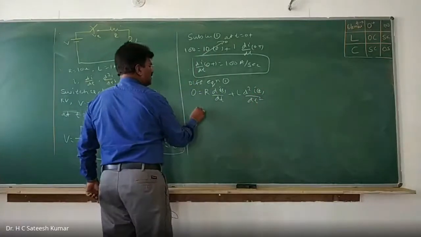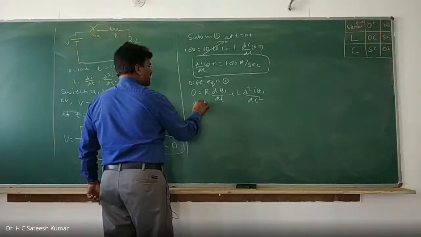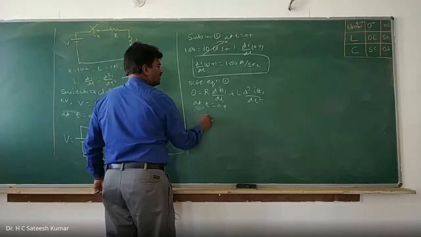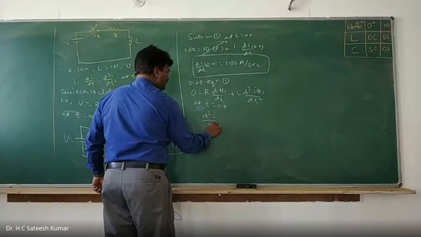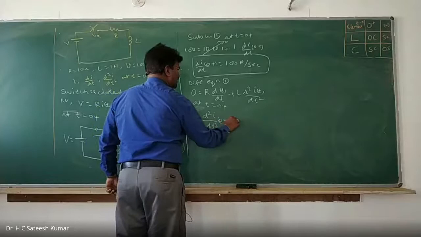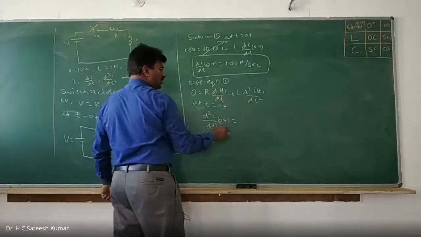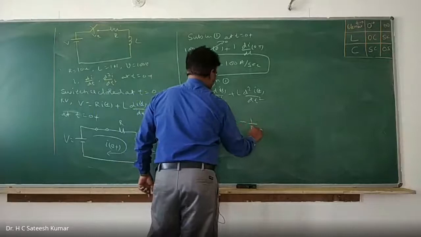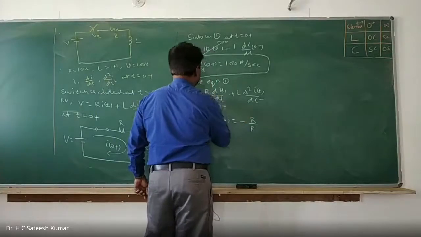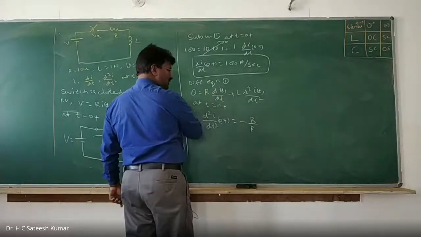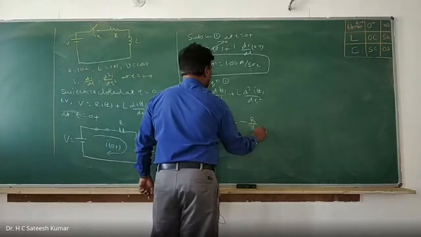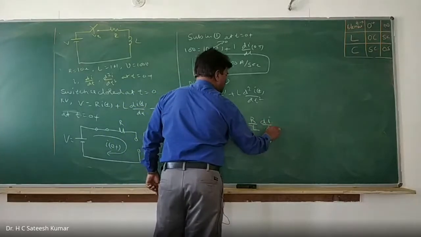Therefore, at t is equal to 0 plus, d squared i divided by dt square at 0 plus is equal to, you transfer this to the left hand side and then this to the denominator. What will you get? Minus R, you transfer to this side and L to the denominator, into di/dt at 0 plus.